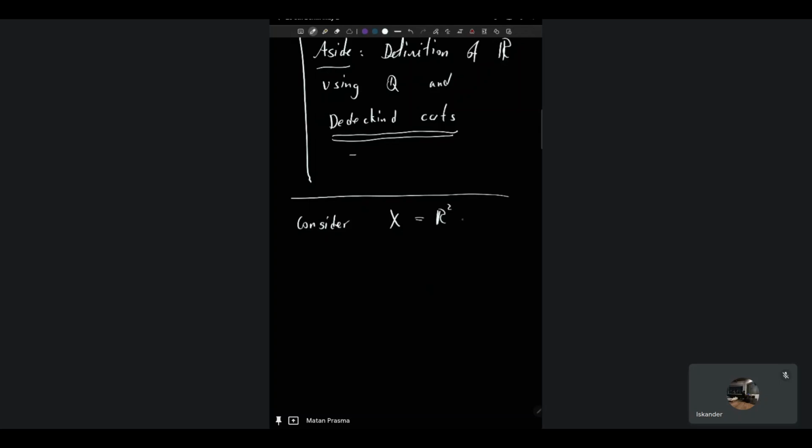So this is R squared, this is R Cartesian product with R, which, as you saw in high school, is the set of all pairs X Y such that X and Y are real numbers.